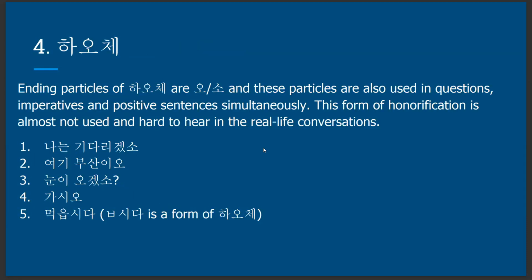And the fourth one is the 하오체. Ending particles of 하오체 are usually 오 or 소, and these particles are also used in questions, imperatives, and positive sentences at the same time. But it's very rare to hear or see people use this type of honorification in real life conversations. So almost never. But just for the extra information, you can remember.